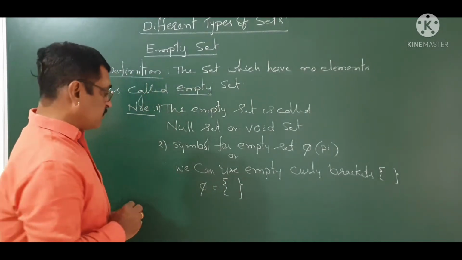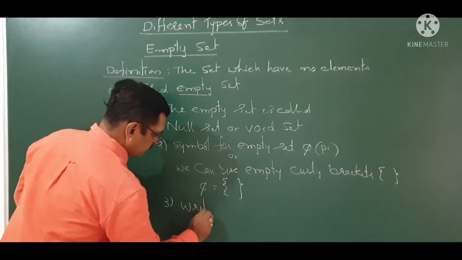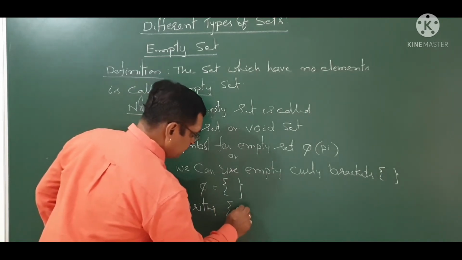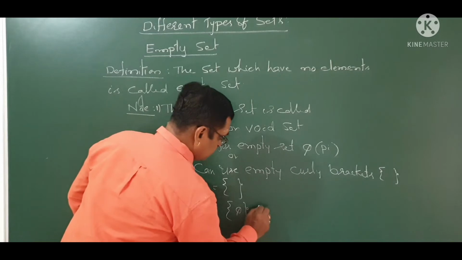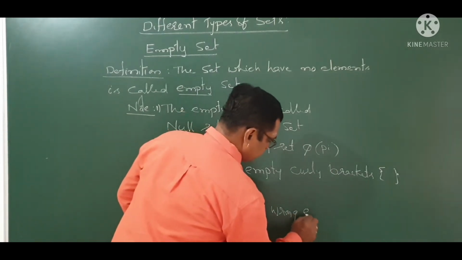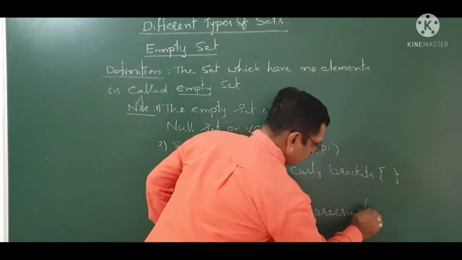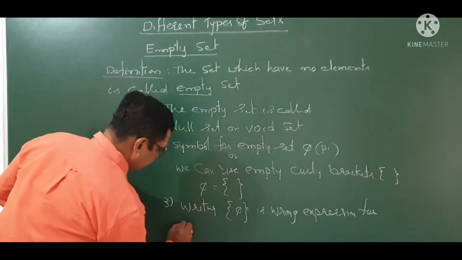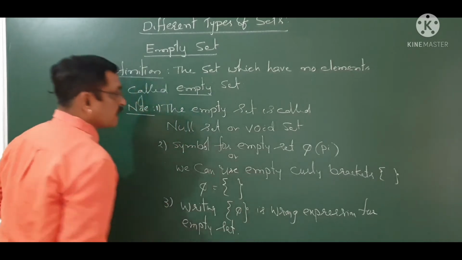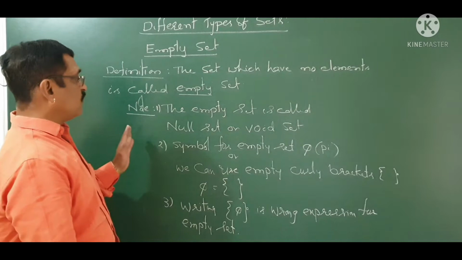And remember one thing, writing the symbol phi inside the curly brackets is wrong expression for empty set. Please note down. I am going to discuss some examples about empty set.